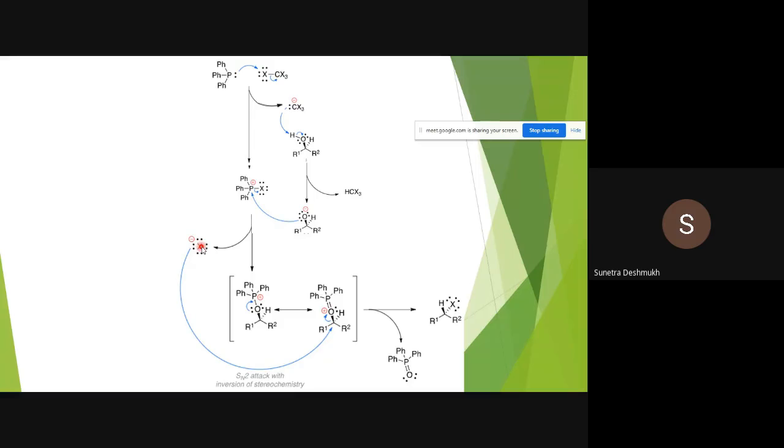This Cl minus is attacking from the backside. This is SN2 attack. As it attacks from the backside, automatically the electron pair of the carbon-oxygen bond shifts onto this oxygen atom, and this triphenyl phosphine oxide is getting eliminated as a side product.